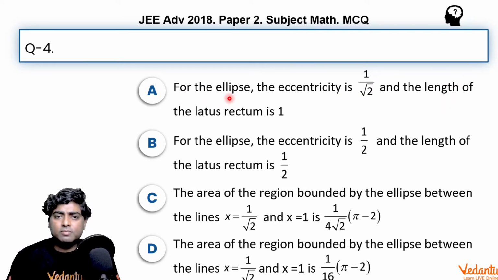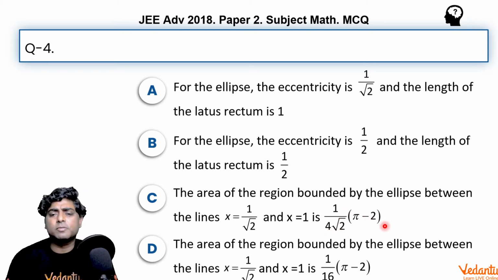In option A, for the ellipse, they are asking about the eccentricity, 1 by root 2, and the length of latus rectum is 1. Option B, for the ellipse, the same thing is asked but with different figures. Option C, the area of the region bounded by the ellipse, first we have to find the ellipse, between the lines x equal to 1 by root 2 and x equal to 1 is 1 upon 4 root 2 times pi minus 2.